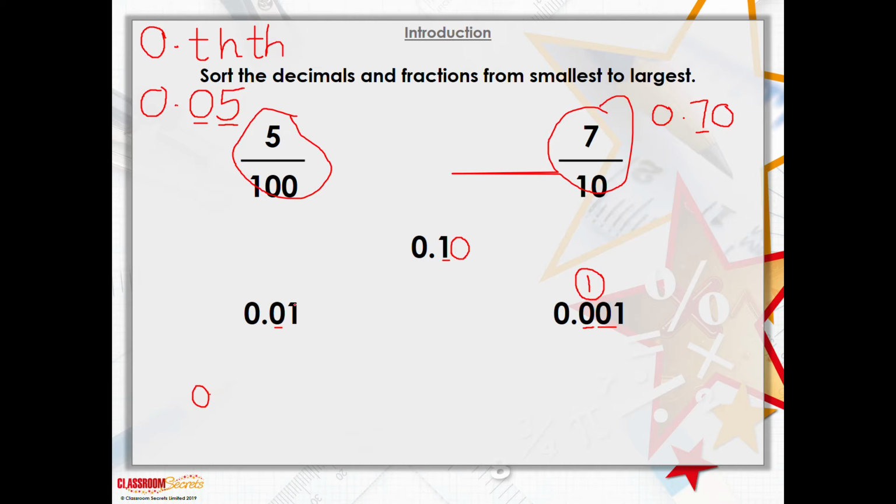Well, it would be 0.01 because in that decimal I only have 1/100th, whereas in this decimal I have 500ths. So this one is the next smallest, 500ths.